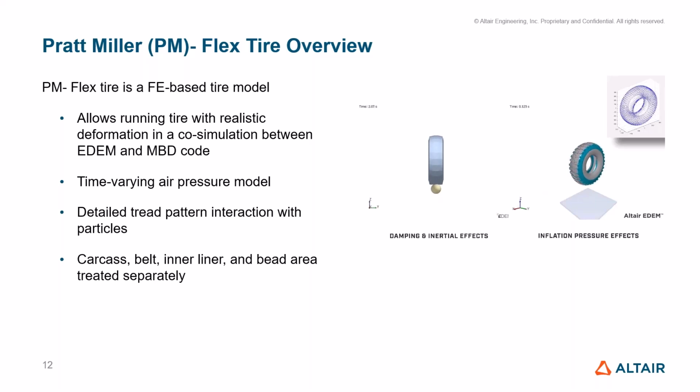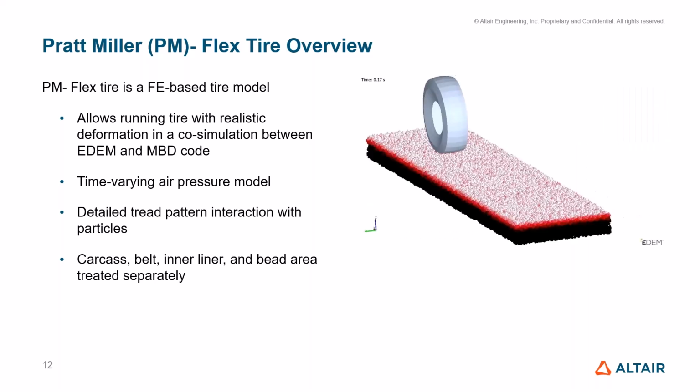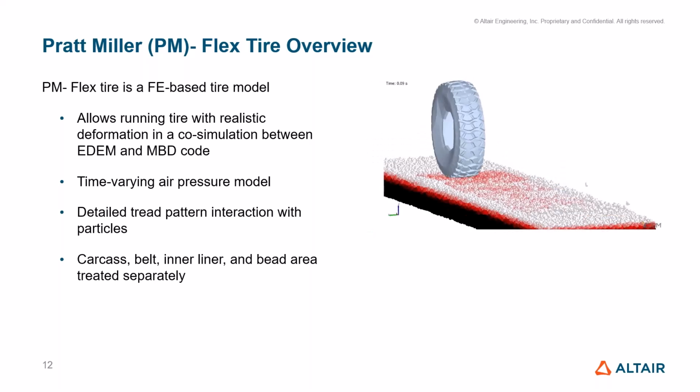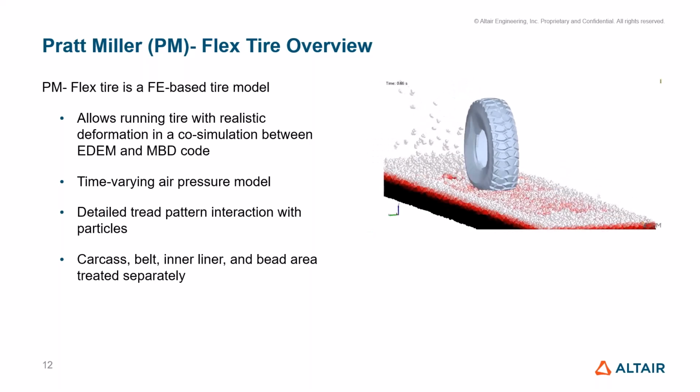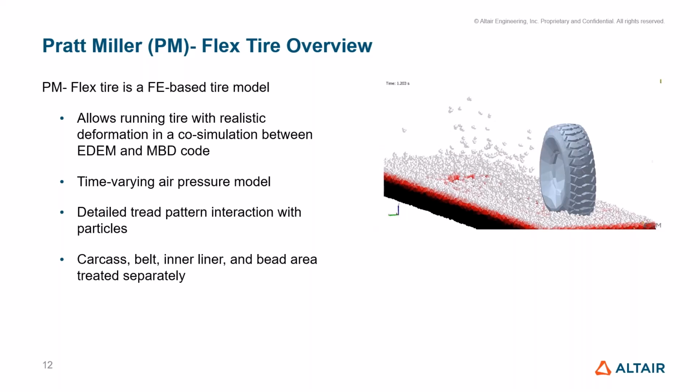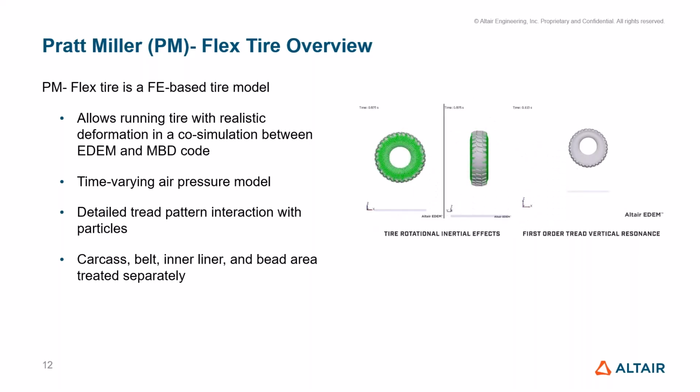We can also provide a time varying pressure instead of constant pressure. We can allow the tire to take time varying pressure details as input, and we can model the soil to tread interaction.